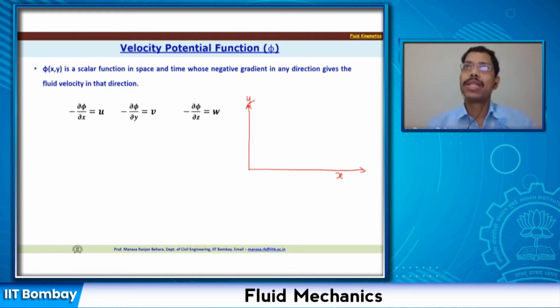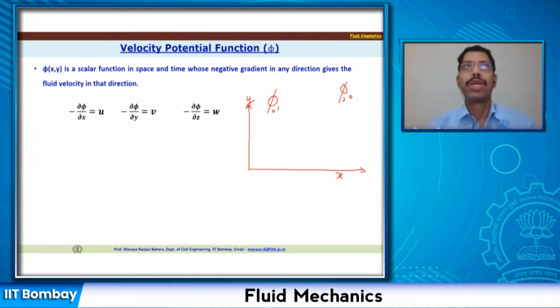I will say that phi 1 is some value at this point, and at another point it is phi 2. My direction of x is positive in this direction. I have assumed x as my positive direction, as shown in this figure. Now I have two values, phi 1 and phi 2.